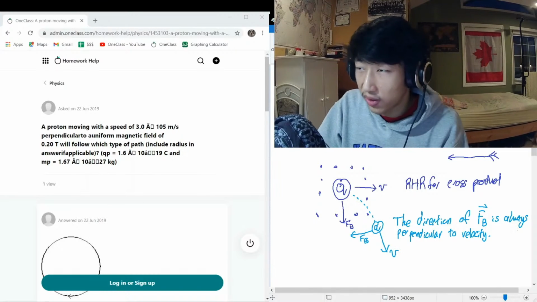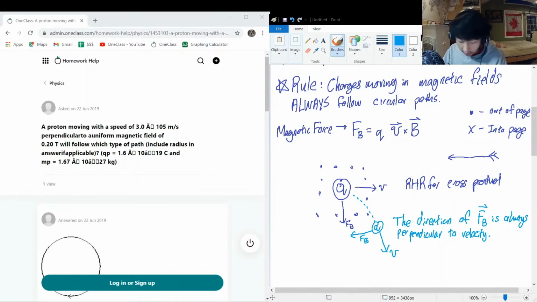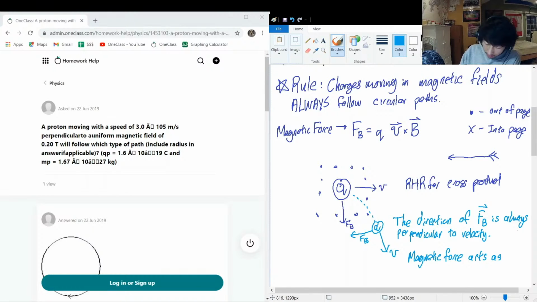Okay, let me write that in to make that super duper clear. Magnetic force acts as centripetal force.